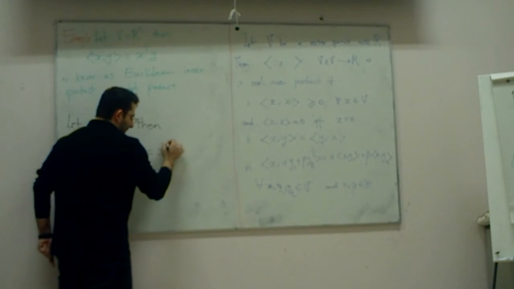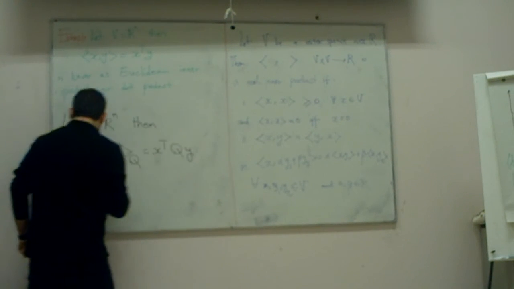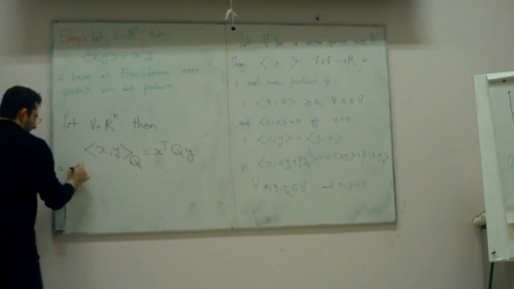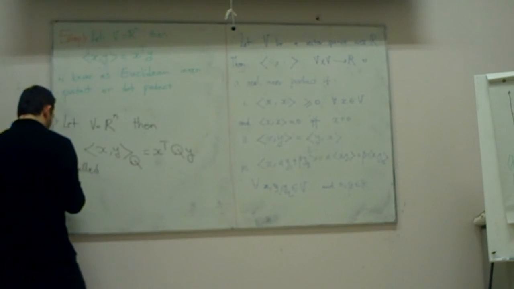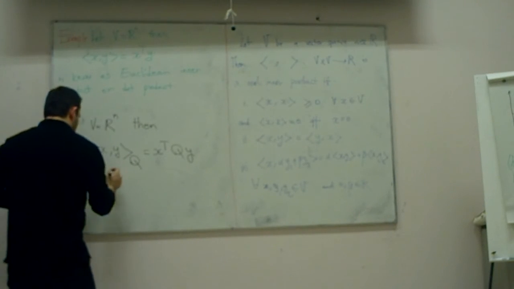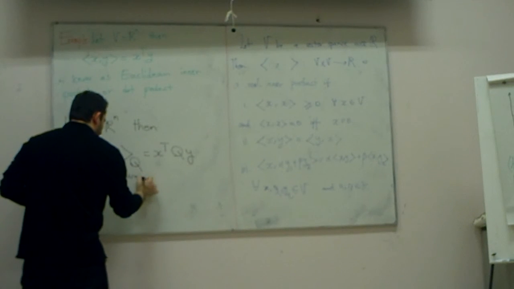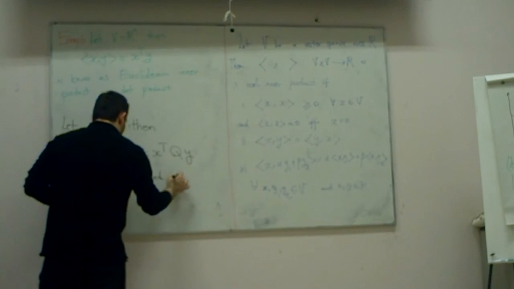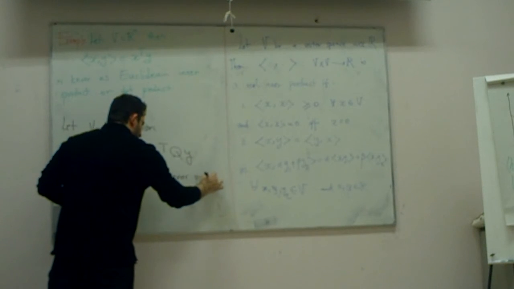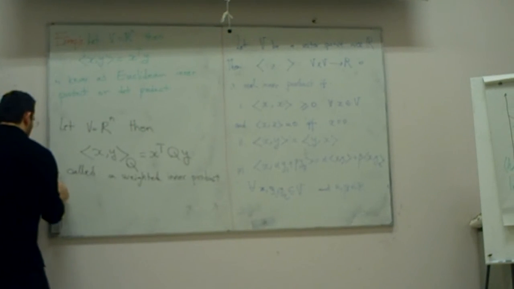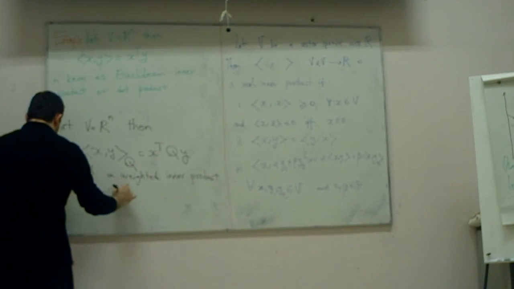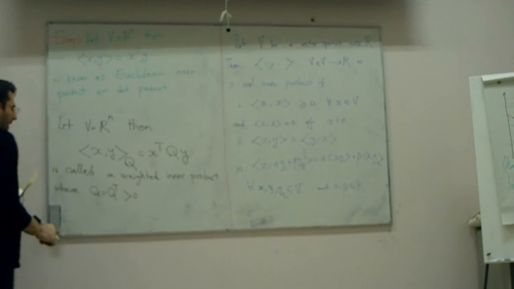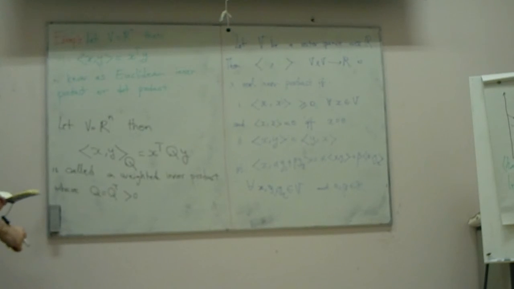It is x transpose Q y, and is called weighted inner product, where Q is equal to Q transpose and it is positive definite.